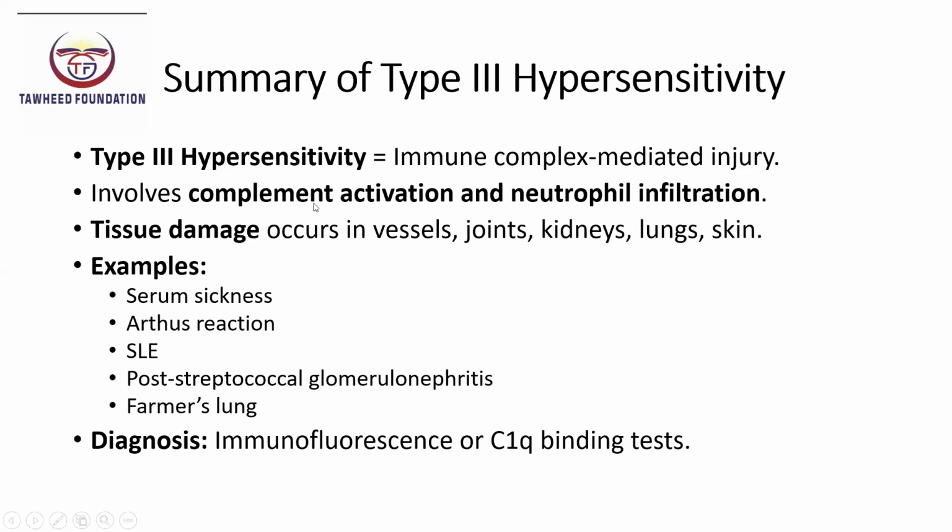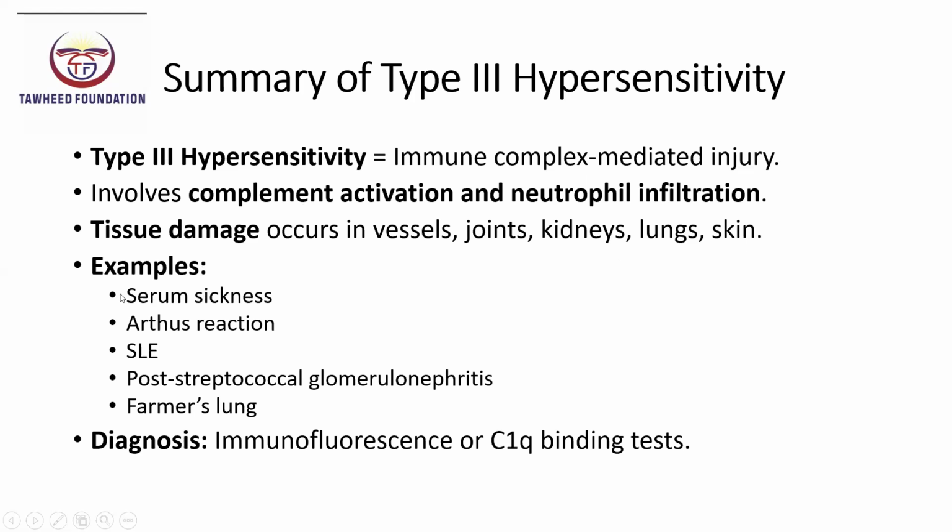Next is summary of type 3 hypersensitivity. Type 3 hypersensitivity involves tissue injury caused by immune complexes. Complement activation and neutrophil infiltration are central to the pathogenesis. Damage occurs in blood vessels, joints, kidneys, lungs, and skin.